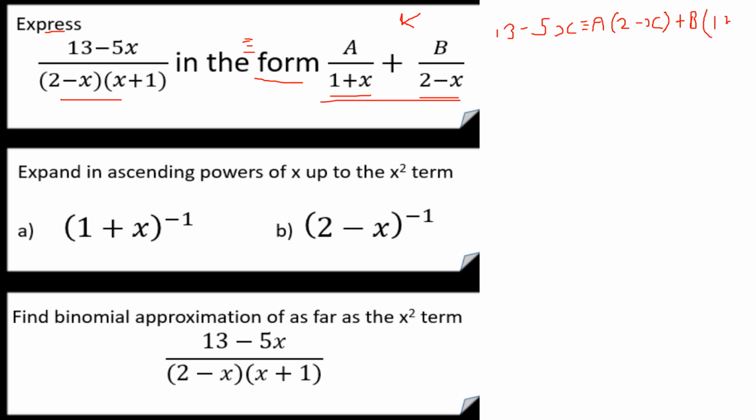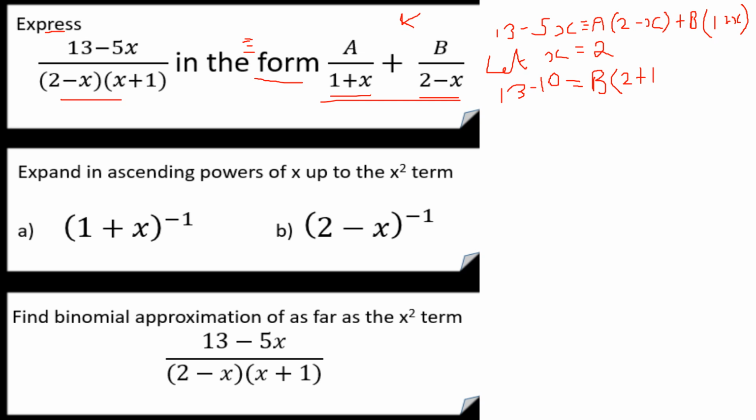I'm now going to substitute in a particular value to work out what a and b are. If I let x equal 2 to work out what b is, that will eliminate the first bracket, because 2 minus 2 goes to 0. So I get 13 subtract 5 times 2, which is 10, is equal to b brackets 2 plus 1, sorry, 1 plus 2.